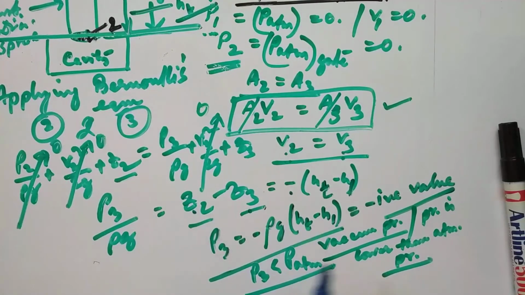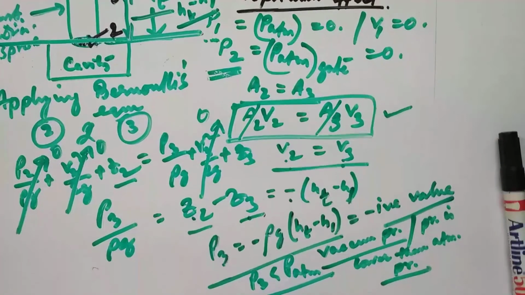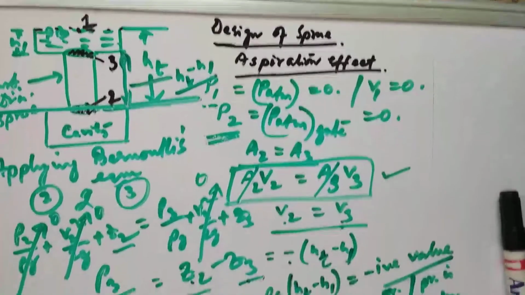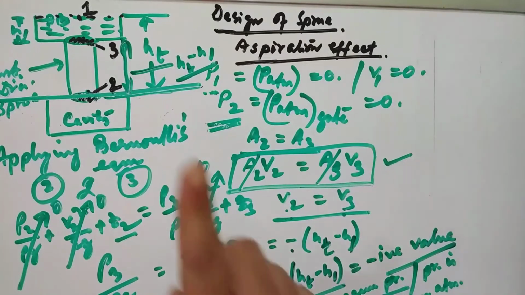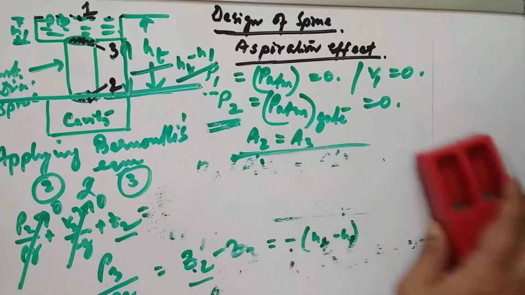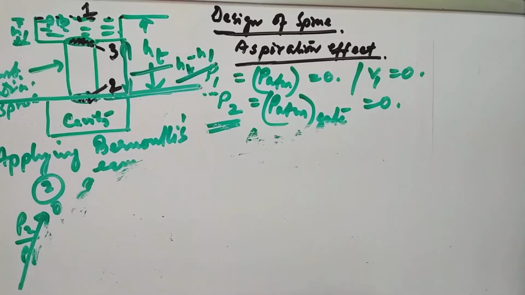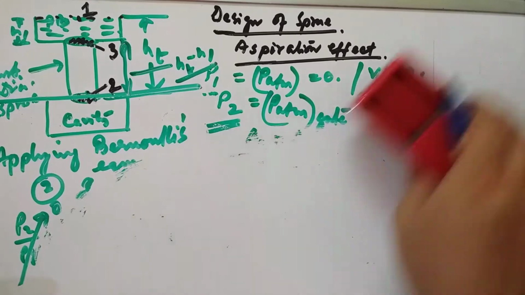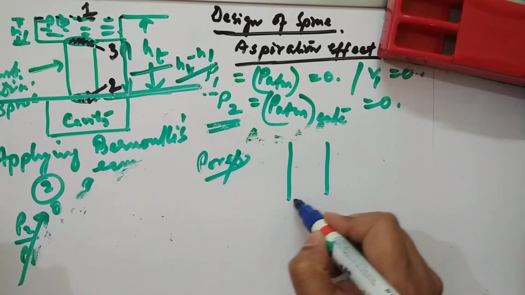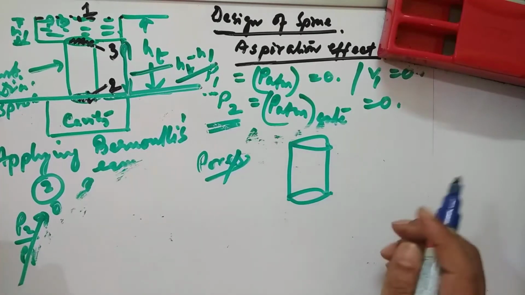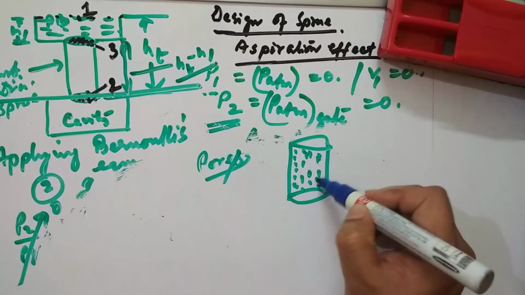Now what will happen if this comes out? Look, this riser is made up of sand. If you consider this riser, you will see that there are many pores, small holes. So this is your riser, and it is made up of sand, so it has got many pores.